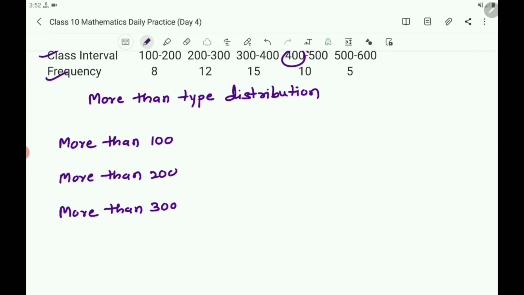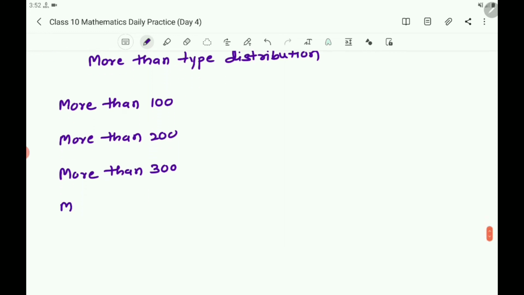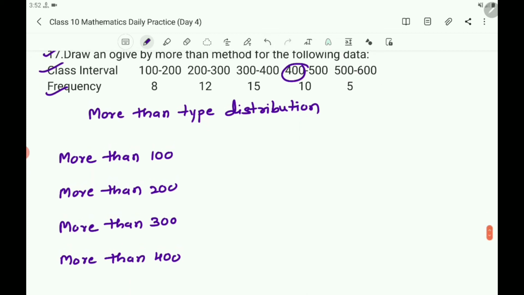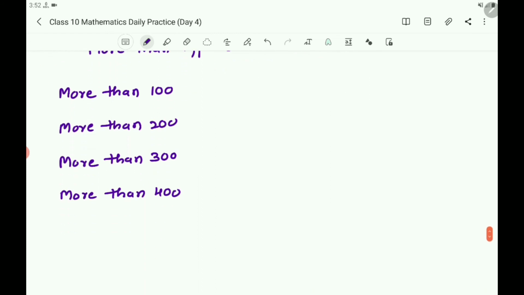Then you write more than 400. Then you write more than 500.